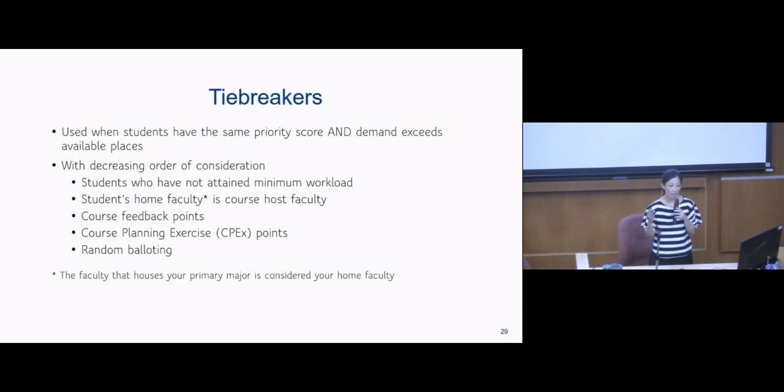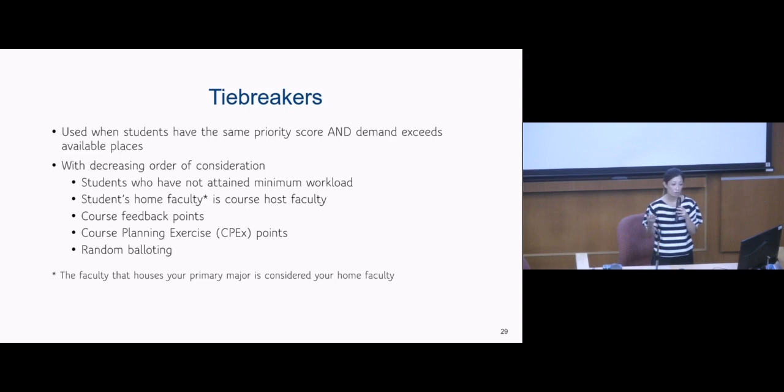There are times when students have the same priority and the course is oversubscribed. So what happens then? We then consider students who have not attained minimum workload, students whose home faculty is the course host faculty, course feedback points, course planning exercise points, and random balloting.